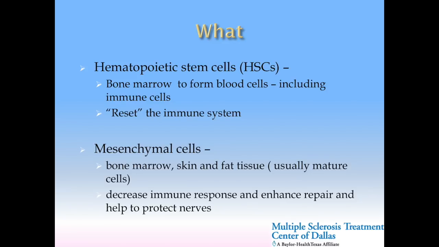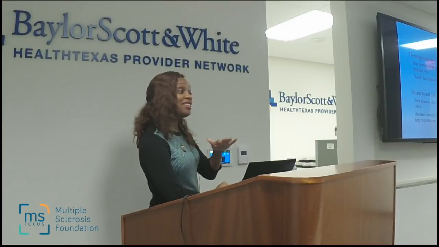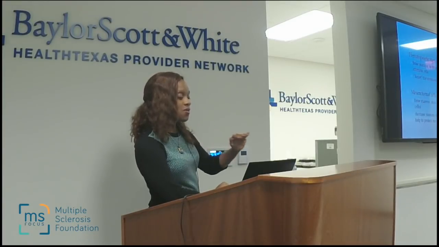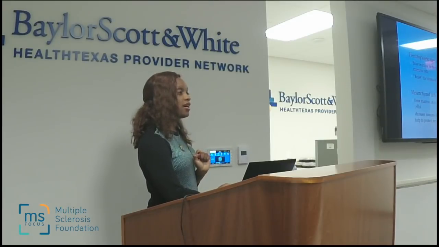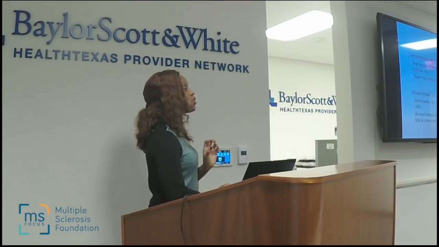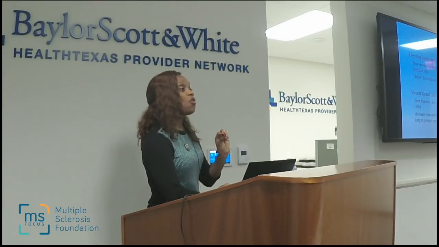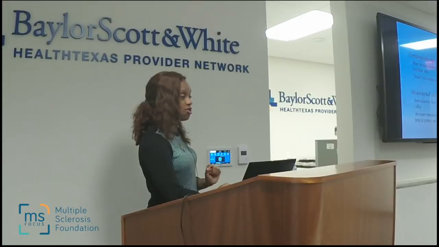They do not become solid organs. They do not become liver cells or kidney cells or brain cells. Mainly their lineage from there is blood cells. And using them in MS is basically to reset the immune system. And I will go into that a little bit later in a few slides to come.